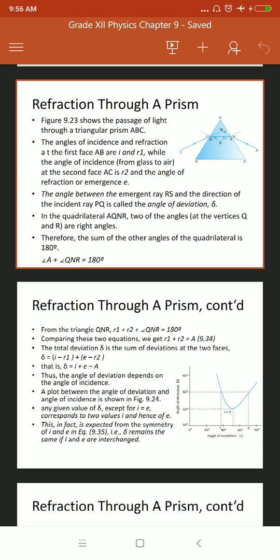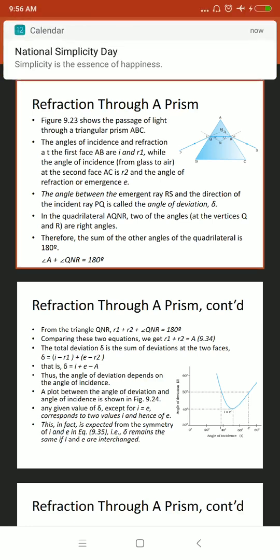Now within that prism, whatever light is refracted by the angle R1 becomes the incident angle for the AC surface, and then R2 is the incident angle. Then it will emerge, or be refracted into the air again, by the angle E.